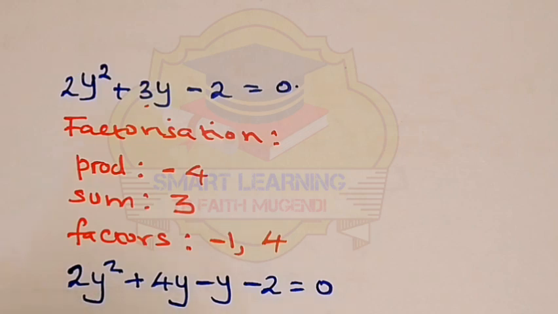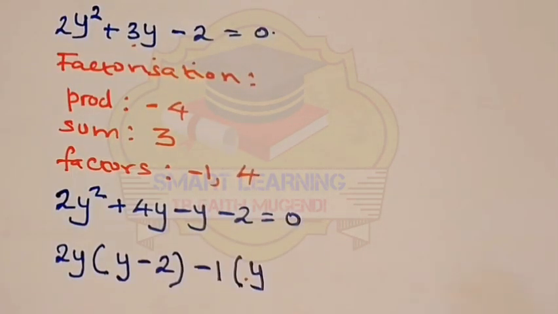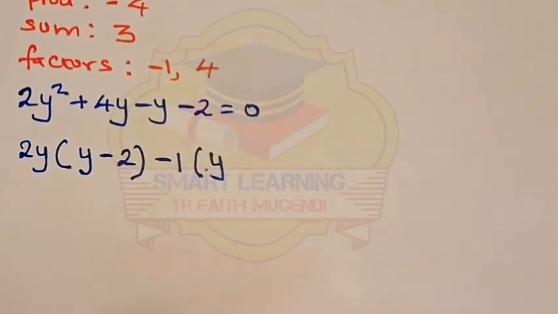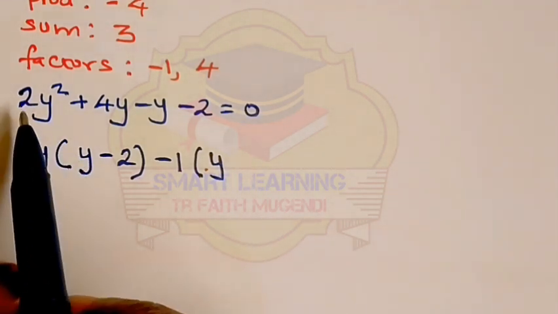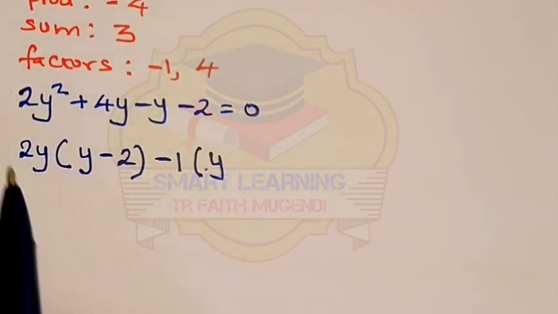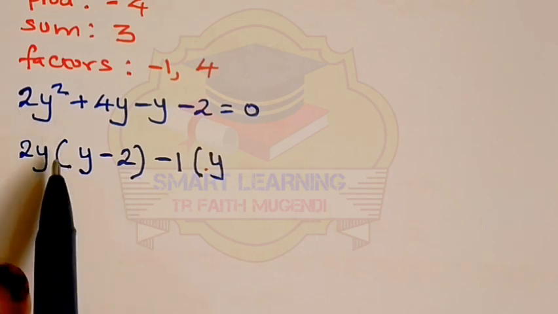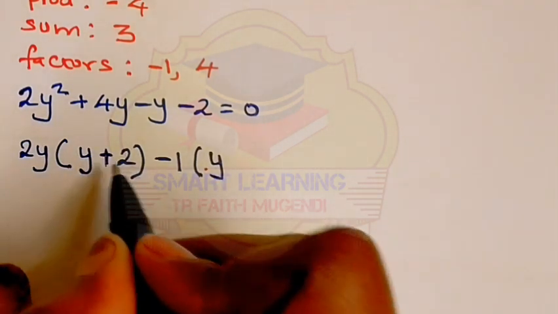What is common here? 2y is common, so that I'm left with y plus 2. Then what is common here? Minus 1. Sorry, I beg your pardon here, let's relook. What is common here? 2y, so it is y. This must be plus, sorry for that.